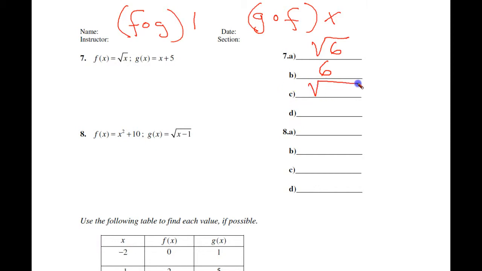So we have then the square root of x plus 5. And if we switch it around, this is now our x. We place it here, we get the square root of x plus 5.